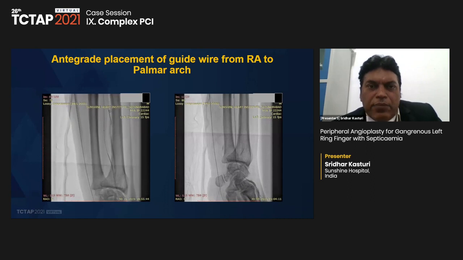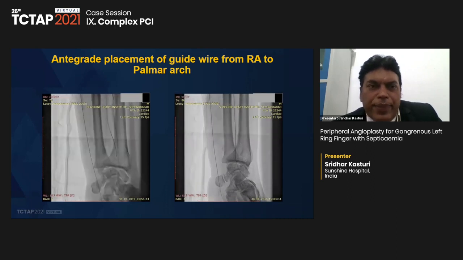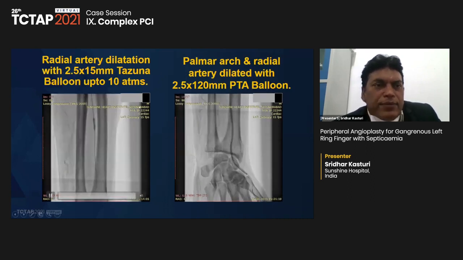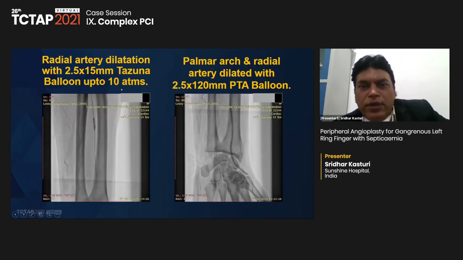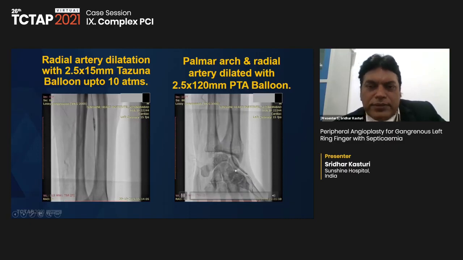Again the radial artery was dilated with a 2.5 by 50 mm Tazuna balloon up to 10 atmospheres. The palmar arch and radial artery were dilated with a 2.5 by 120 mm balloon. So we dilated the ulnar, radial, and distal arteries as well as the palmar arch vessels.